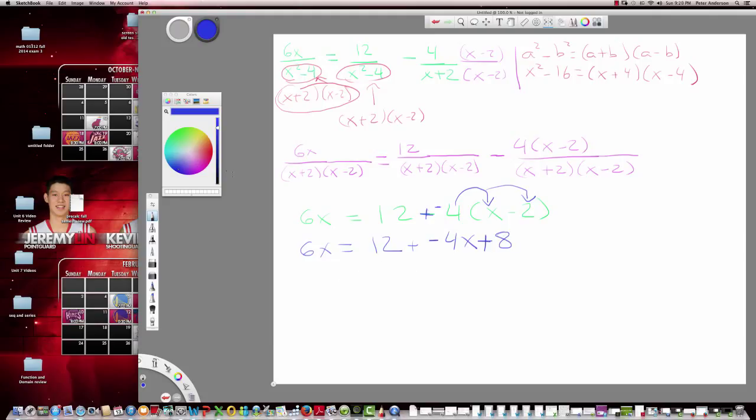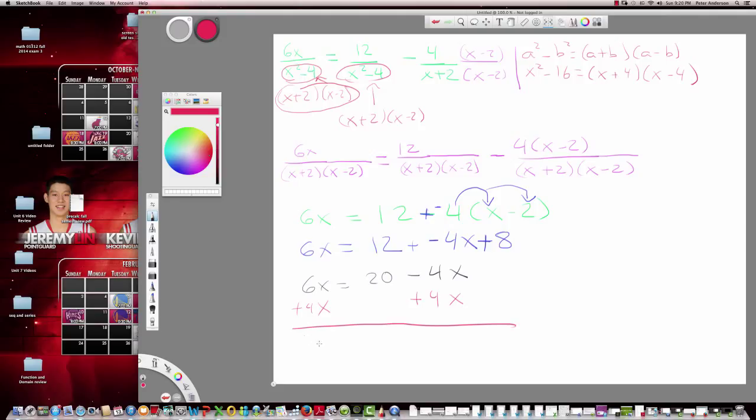We look at left and right, and you should be thinking to yourself, how would I combine like terms? Well, we got a 12 and an 8 here, so we'll put the 12 and 8 together. 12 plus 8 is 20 minus 4x. You can write plus negative 4x if that makes you happy. Now we want to combine like terms. I have a negative 4x here and a 6x here, so I'm going to add the 4x to the other side.